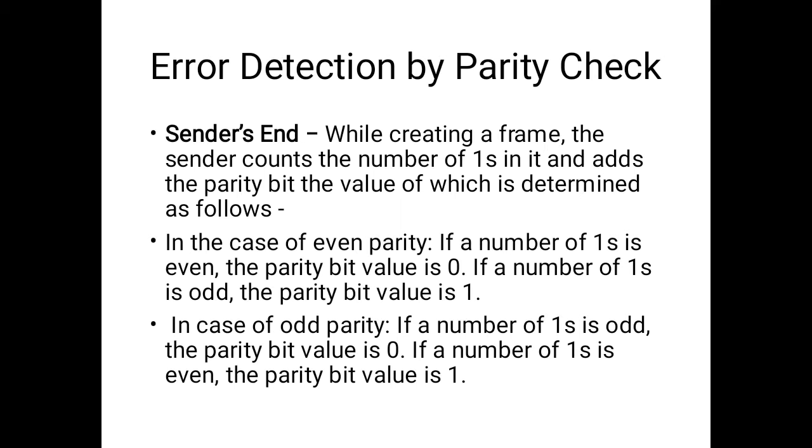In the second case, it will count the number of ones in the given data. If the number of ones are odd, then parity value will be set to 0. If the number of ones are even, then parity bit value will be 1. This is to set total number of ones to odd. Okay, these 2 are main important points in parity check.